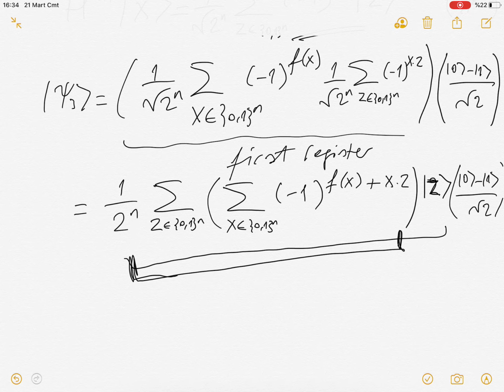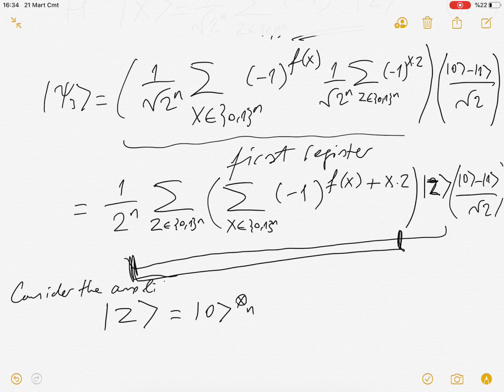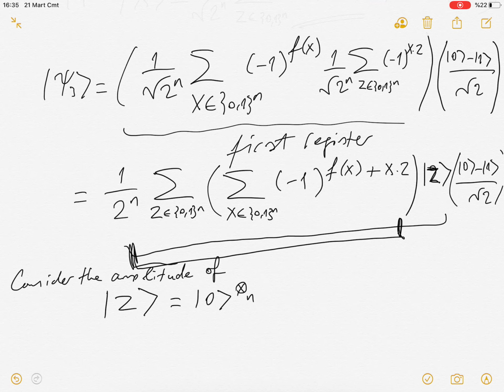But let's consider the component when z is all zeros. Let's consider the amplitude of the all zero state. Now, when z is all zeros, the exponent x times z will be 0, right?